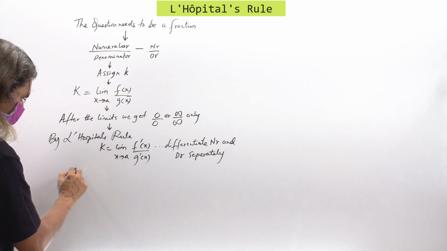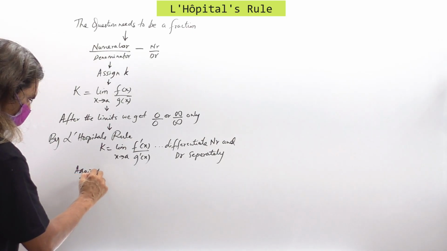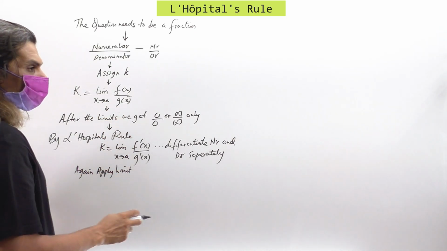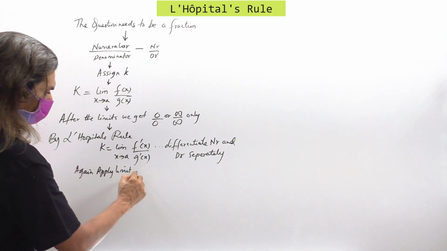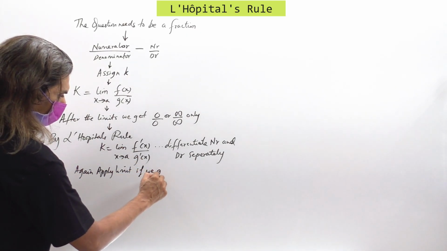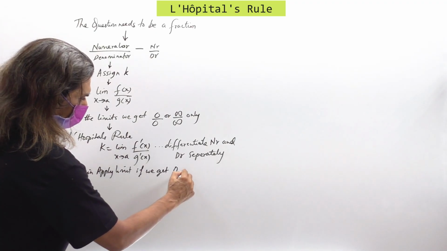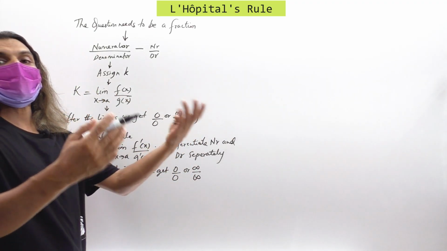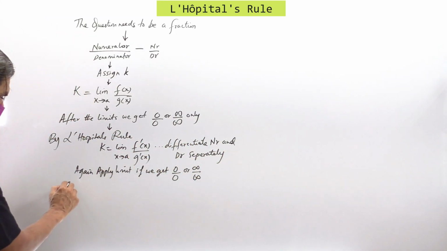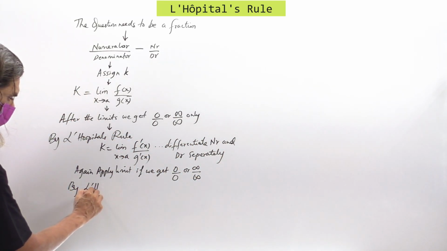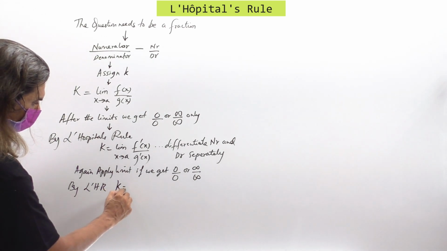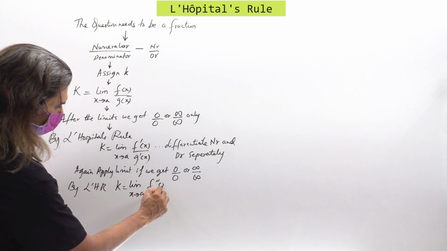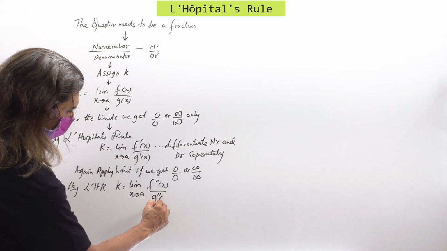Again apply the limit, and after applying the limit, if we get again 0 by 0 or infinity by infinity, then we need to reapply the L'Hopital's rule. So again by L'Hopital's rule, k is equal to limit as x tends to a of f double dash x upon g double dash x.